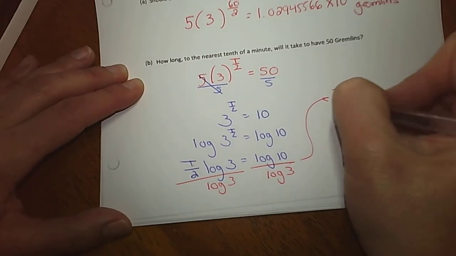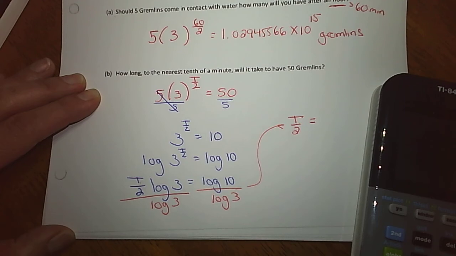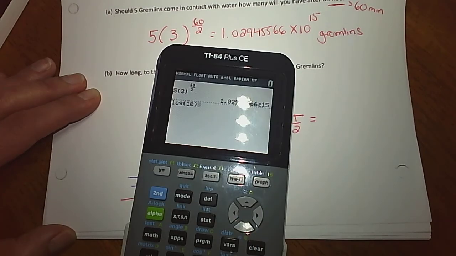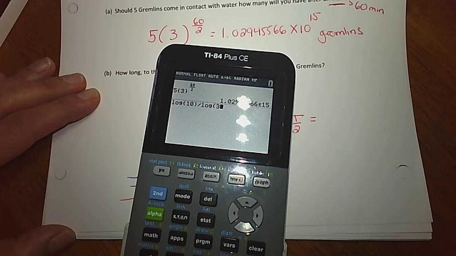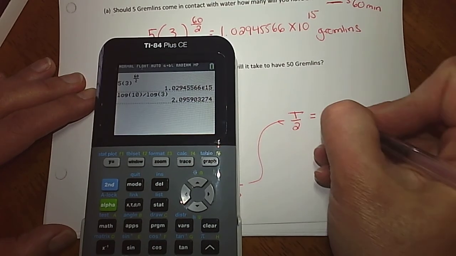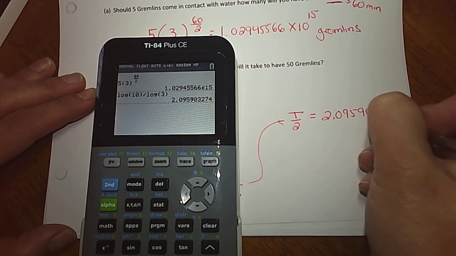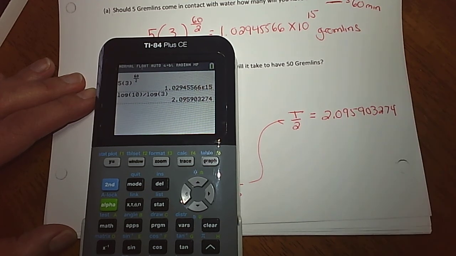So I get t over 2 equals, so I'm going to put that in the calculator. Log 10 divided by log 3. I'm getting 2.095903. Remember, I'm not going to round to the very end.